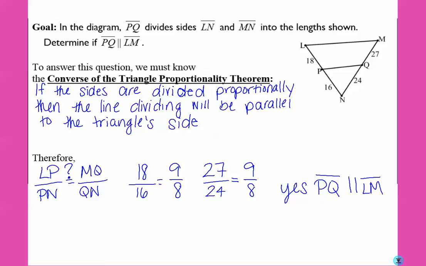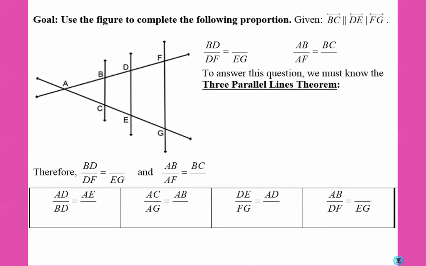Our next type of problem and our next theorem: use the figure to complete the following proportions given that BC is parallel to DE, which is parallel to FG.